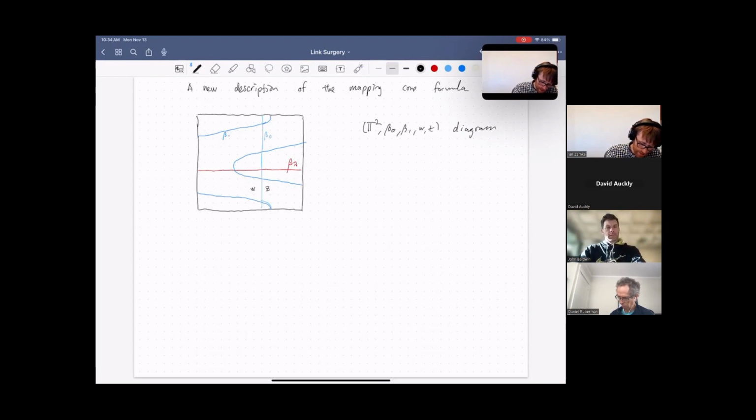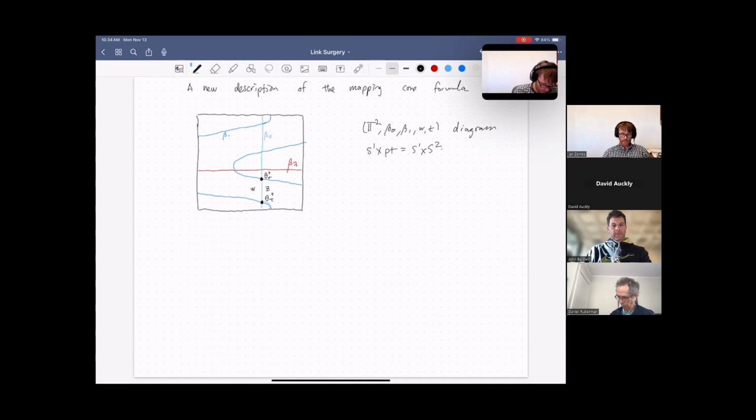It's a Heegaard knot diagram for S1 times a point inside of S1 times S2. There are 2 intersection points I want to consider here. I'm going to call this one theta sigma plus, and this one theta tau plus.